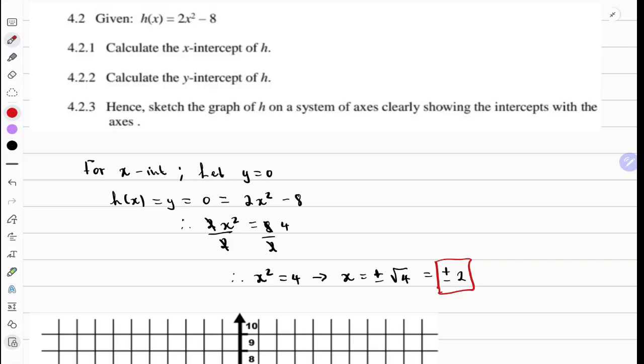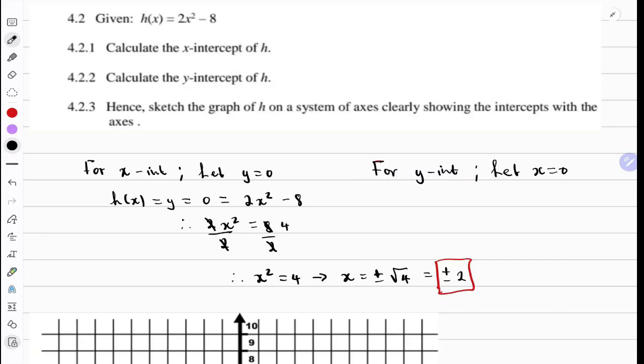Right, so let's find the y-intercept. So for y-intercept, we let x equal to 0, right?